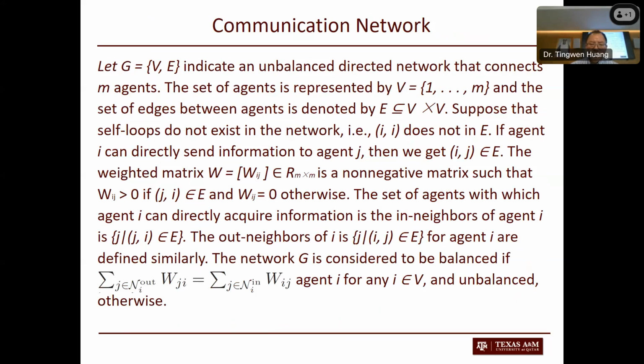The weighted matrix is a non-negative matrix such that Wij is positive if (j, i) is in E, and Wij is zero otherwise. The set of agents from which agent i can directly acquire information is the in-neighbors of agent i, which is represented by this. Now, if we satisfy this condition, we call the network balanced, otherwise it is unbalanced.